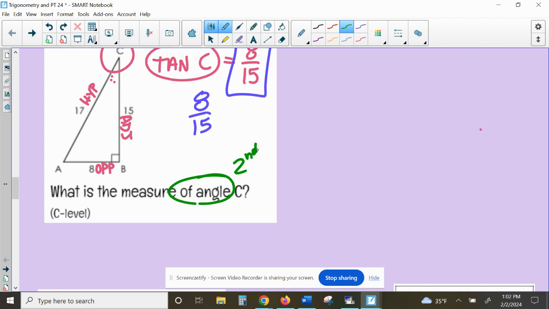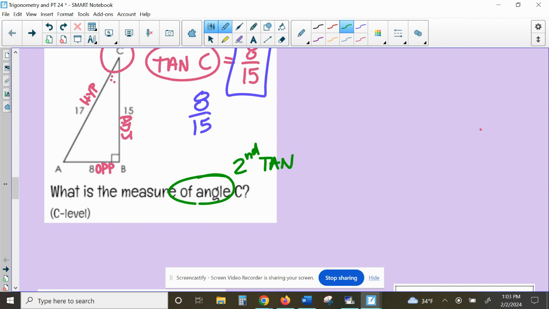Every time I see something about finding an angle, I'm going to put a little note so I don't push wrong buttons. Okay, so I will be hitting the second button, and then tan, right?